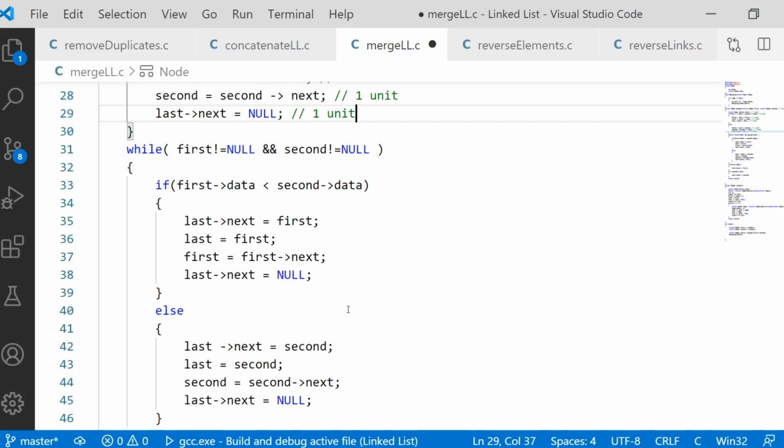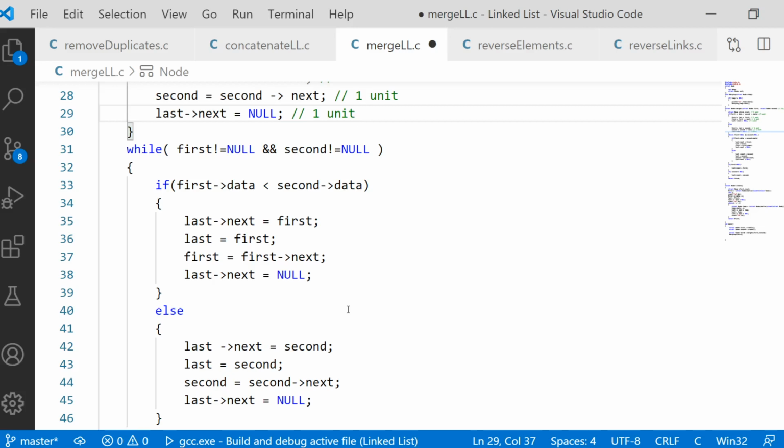Now coming here to this while condition, how much time this loop is going to run is what we are going to discuss now. Maximum how many times will this loop run? In the worst case, all the elements of both the linked lists have to be traversed, n elements of the first linked list and m elements of the second linked list.